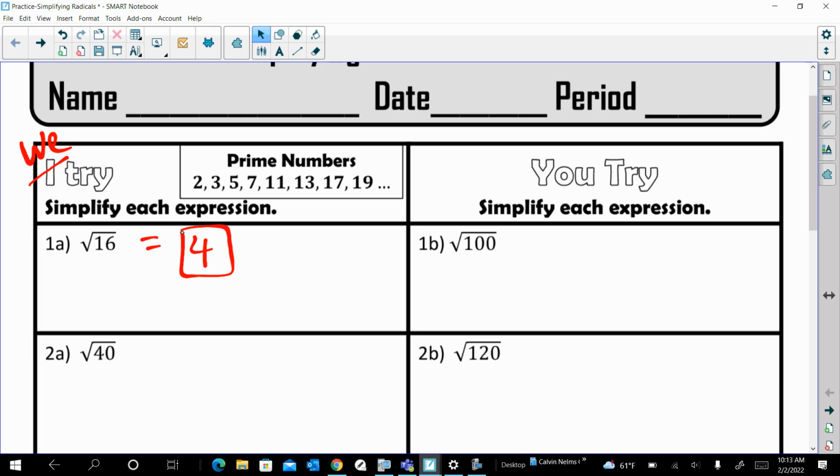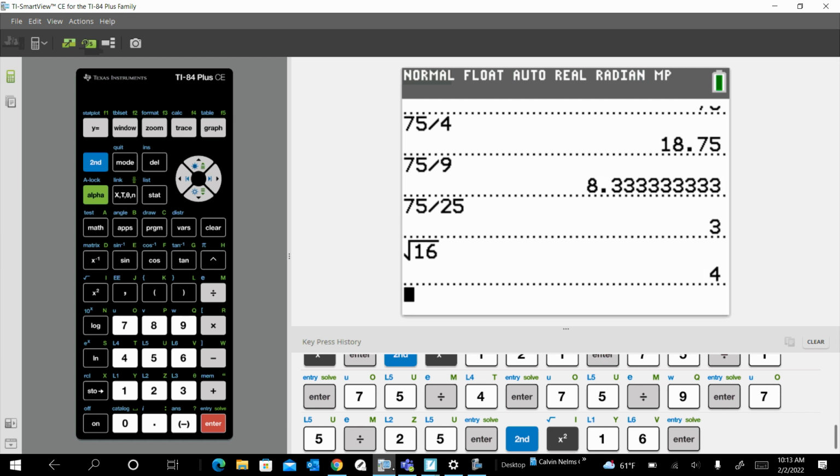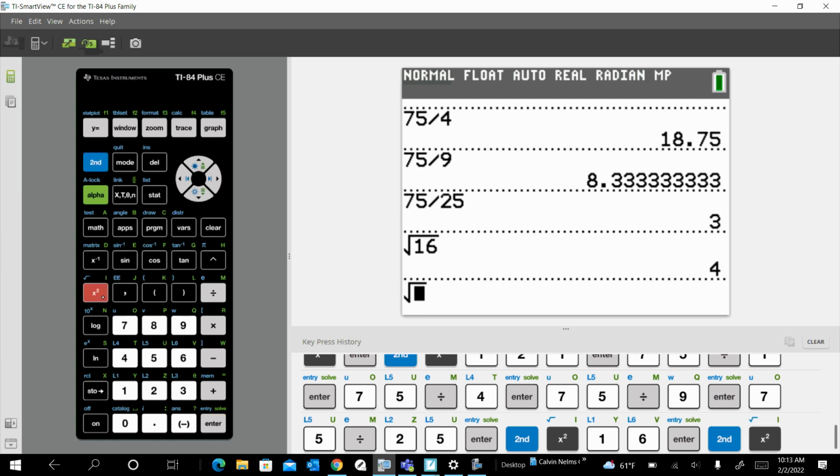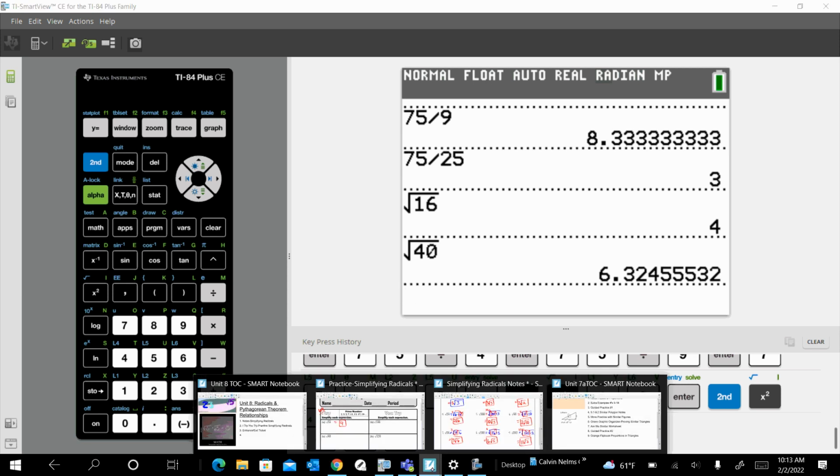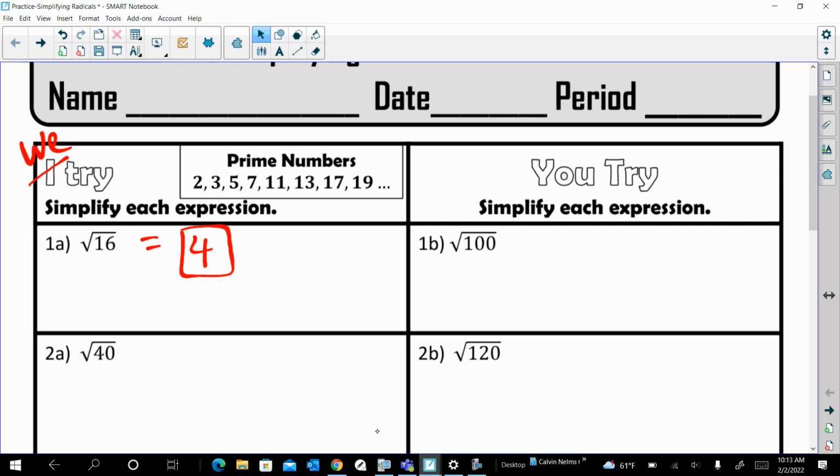Now, if I wanted to check, if I hit second x squared and get the radical sign and put in 40 and hit enter, now I get a decimal answer. I know that that's not a perfect square. That's telling me it's not. So now I have to simplify this. So this is where I need to know the factors that go into 40. 4 times 10, what goes underneath the radical. 4 is the number that is the perfect square.